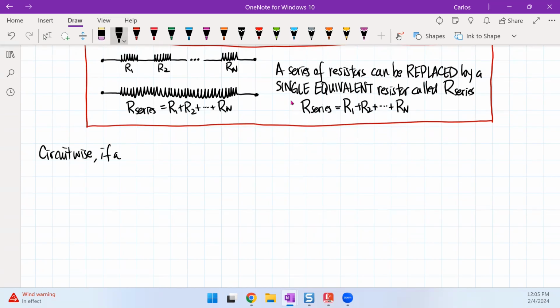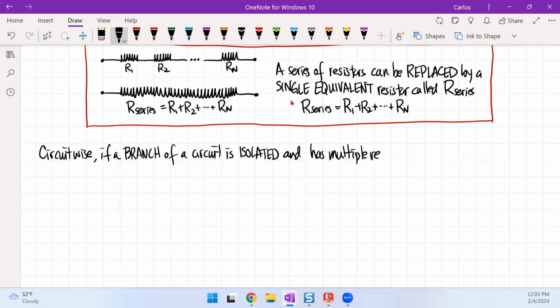If a branch of a circuit is isolated and has multiple resistors in series, then we have this scenario here.